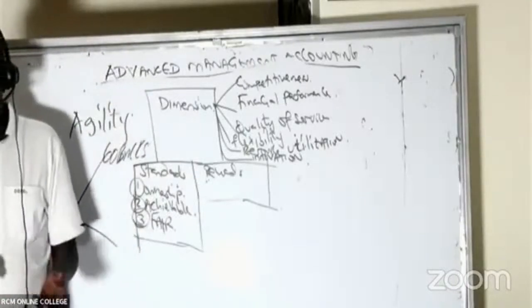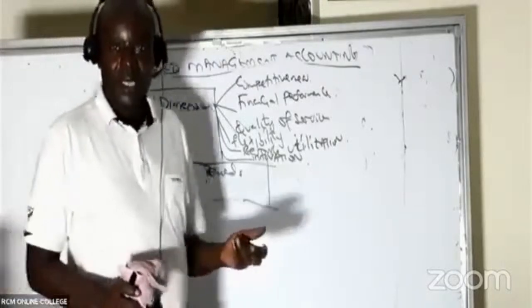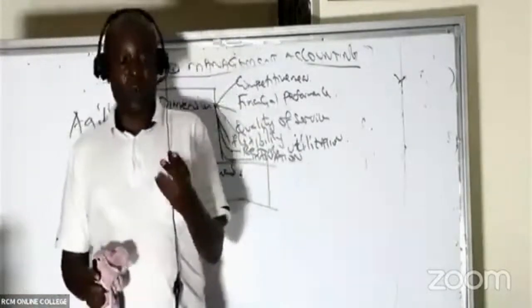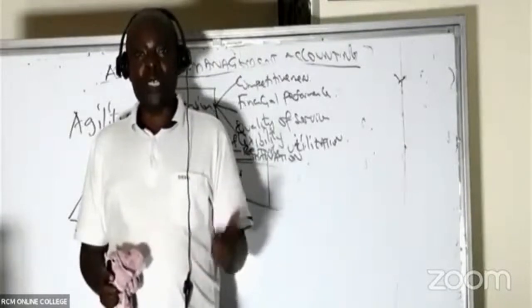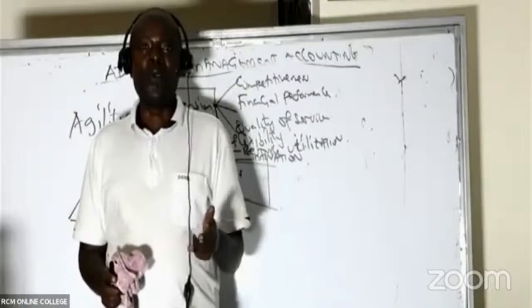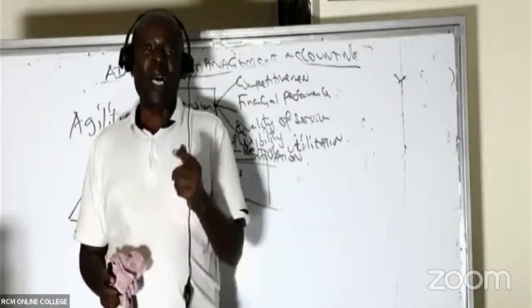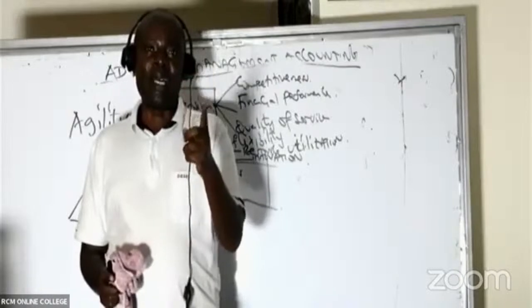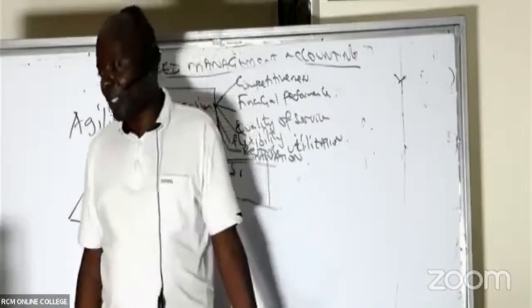So fairness could also be looked at regionally, all right? So assuming that you have got Norfolk Hotel in Nairobi, and Norfolk Hotel in Mandera, will you give Norfolk Hotel Nairobi a target of getting 100 customers and Norfolk Hotel Mandera the same target of getting 100 customers? Not possible.